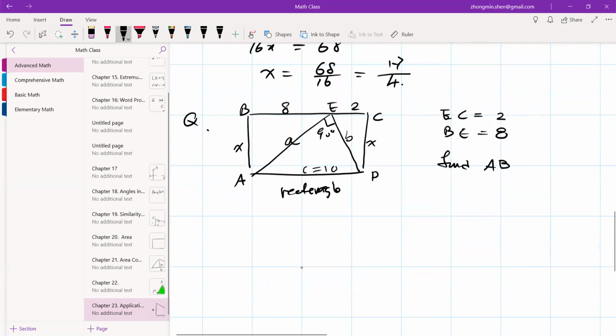Write down all the possible equations from the Pythagorean theorem. That's my suggestion. Then it becomes an algebraic problem.